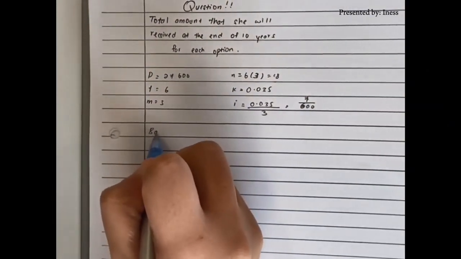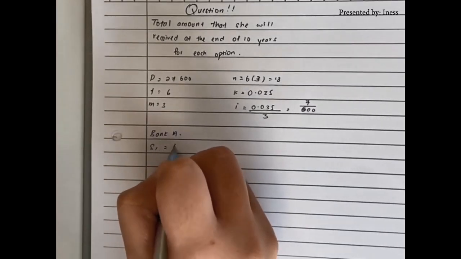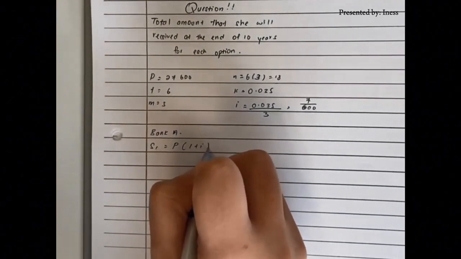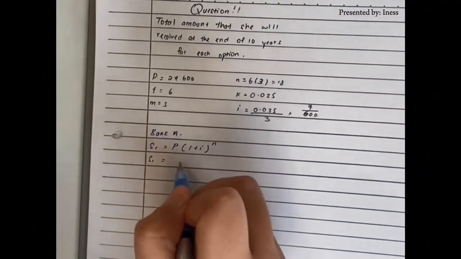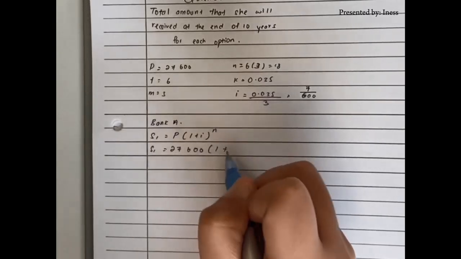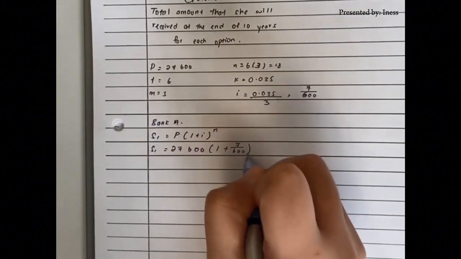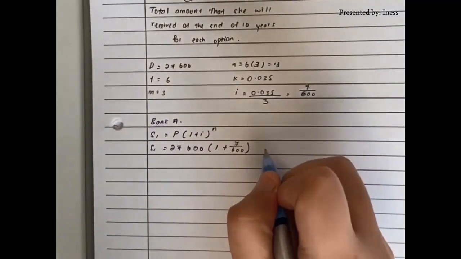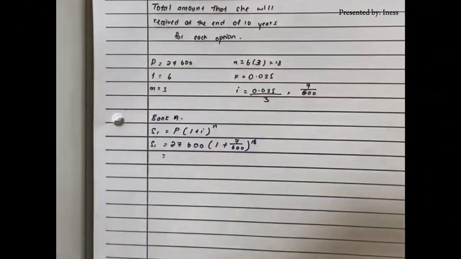And for bank A, we use this formula S1 equals to P1 plus I N. So S1, P is 27,600, 1 plus I, this is I, 7 per 600, and N, we got N 6, multiply 3, which is 18.